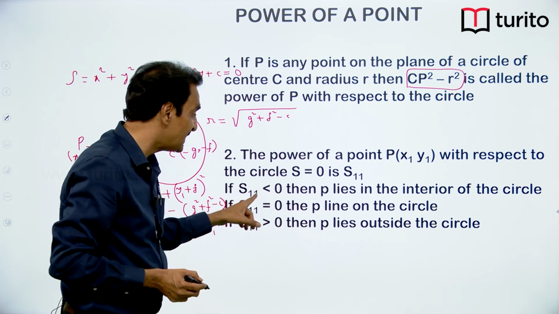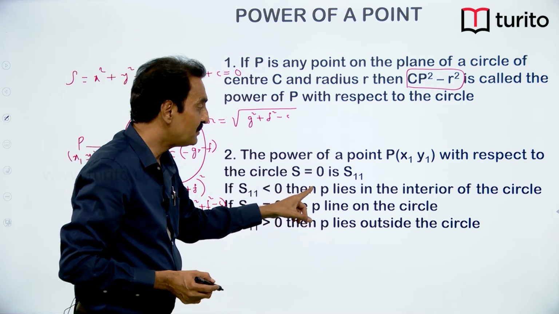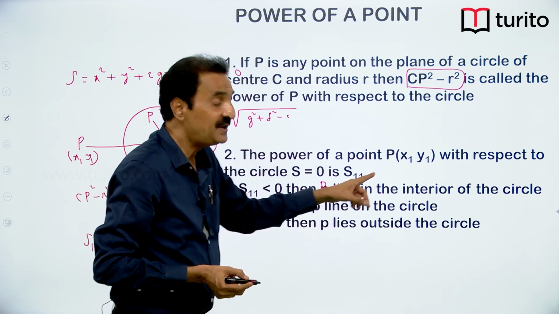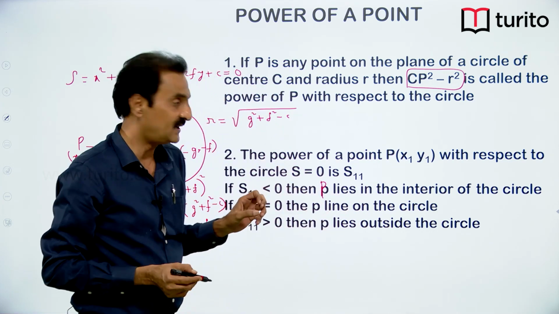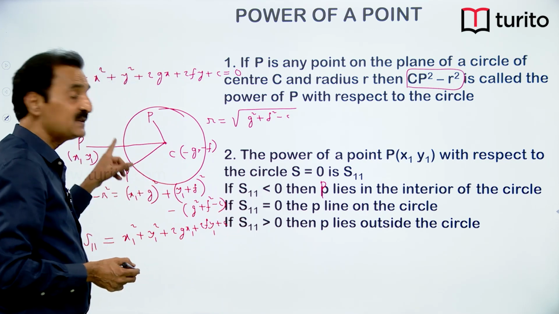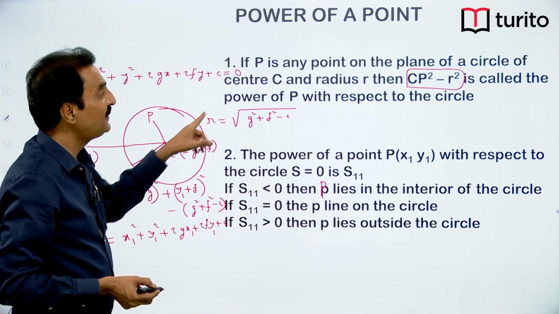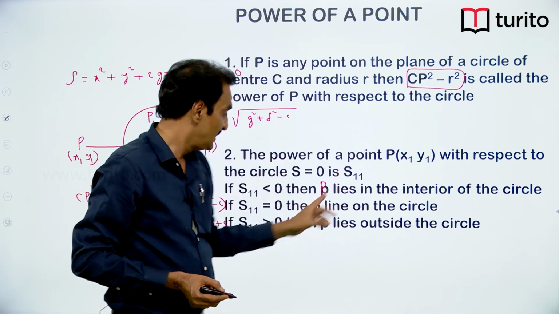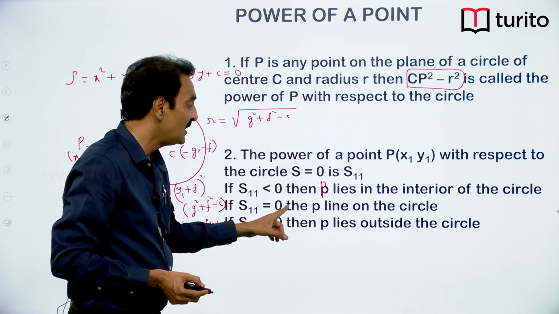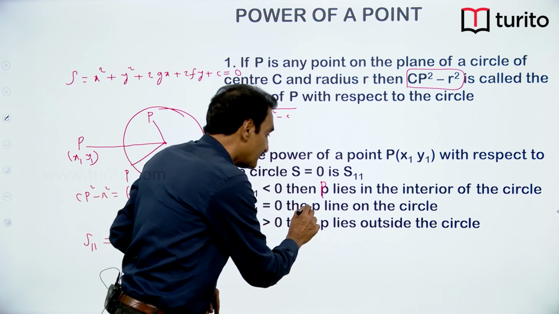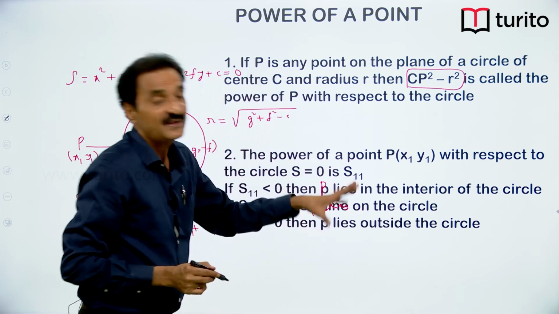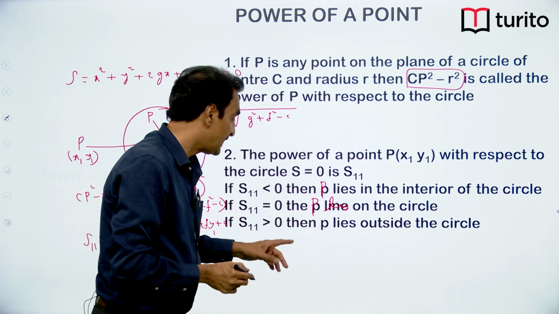Therefore, when S11 is less than 0, the point P lies in the interior of the circle. When P is on the circle, then CP will be equal to the radius, so CP square minus R square will be 0. So, if S11 is 0, then the point P lies on the circle.